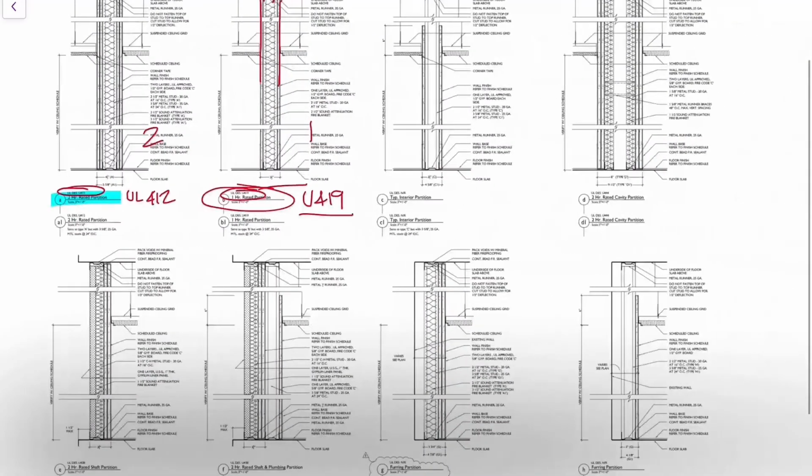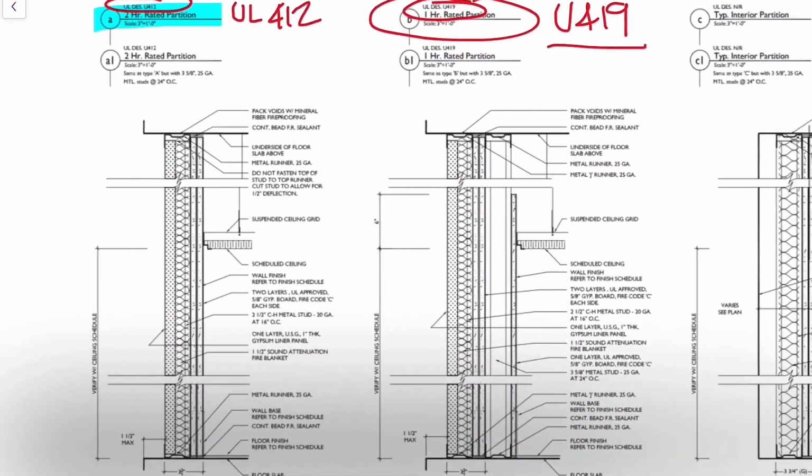And let's see what else we have on here. I think it's probably worthwhile noting the 2 hour rated shaft partition. This would be a partition that would be placed around a shaft or a duct that's running through a floor.